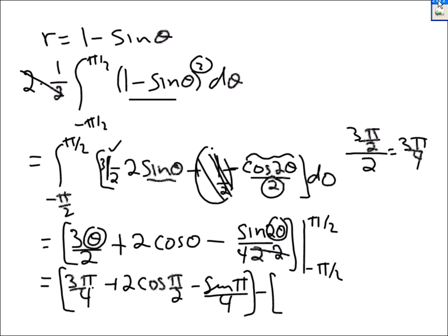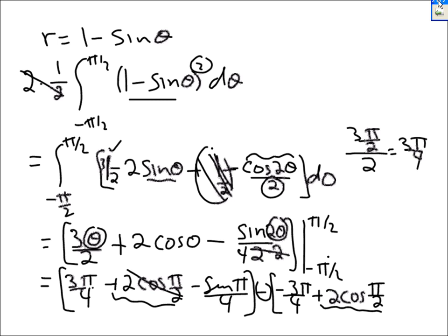Minus, now I plug in negative pi over 2. So I get negative 3 pi over 4 plus 2 times cosine. Now, the cosine of a negative angle is just the cosine of the angle. I just get 2 cosine pi over 2. I have positive 2 cosine pi over 2 here, and positive 2 cosine pi over 2 over here, and I'm subtracting them.